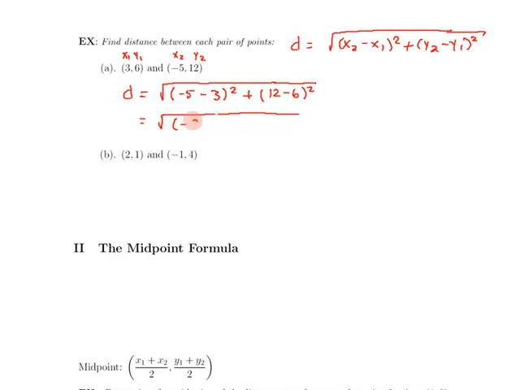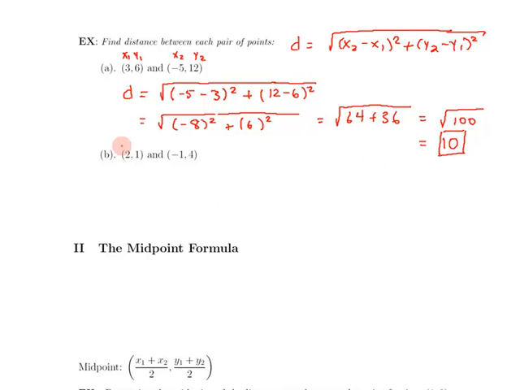It gives us negative 8 squared plus 6 squared. So that becomes the square root of 64 plus 36, which is 100. The square root of 100 is 10. So the distance between those 2 points is 10 units.